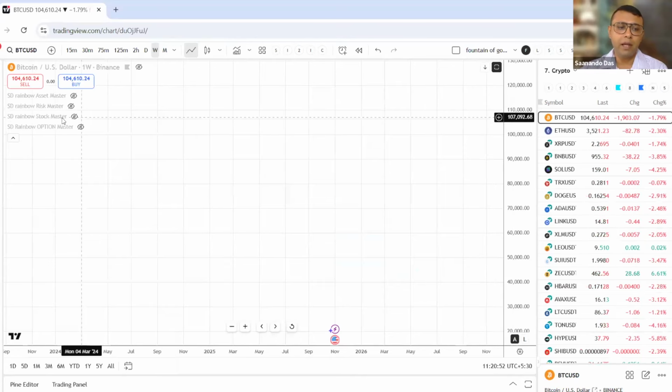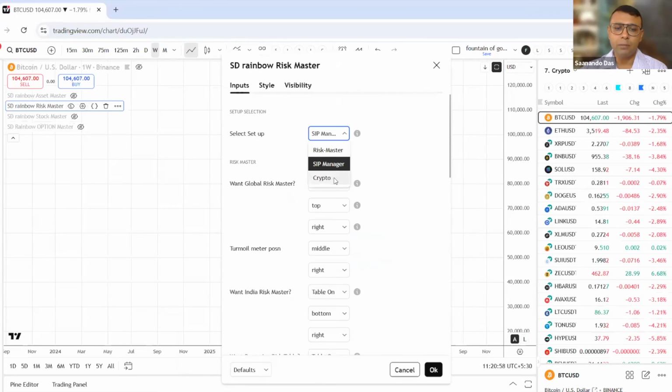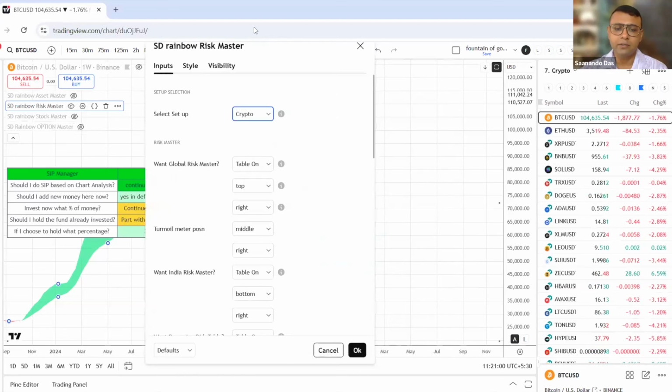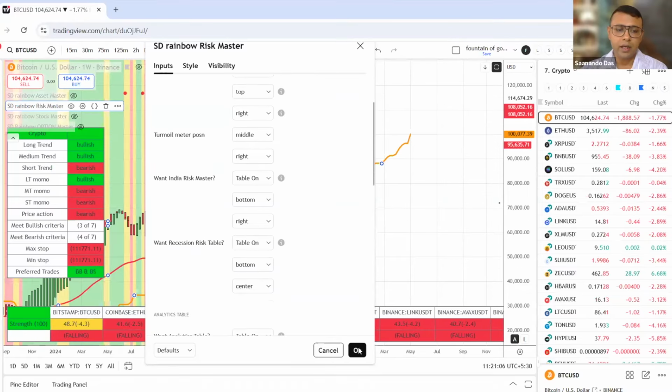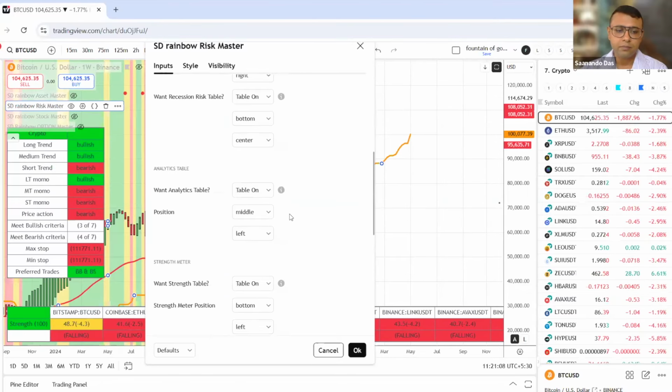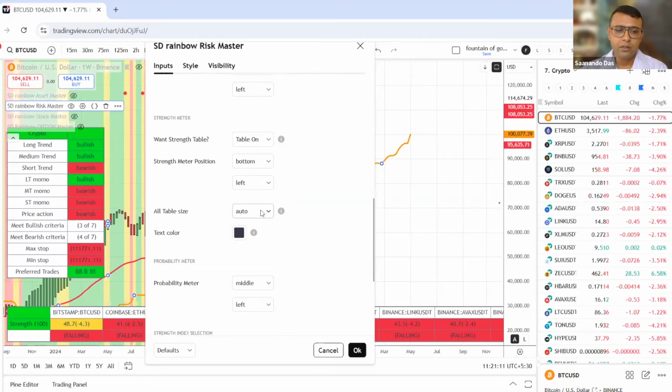V2 I have already applied in my setup. So I will change the V2 setup to crypto to adjust it for crypto. And currently we can reduce the size, or let's keep it in auto mode for now.